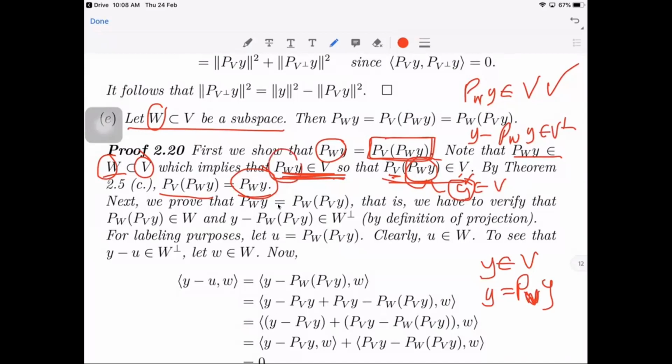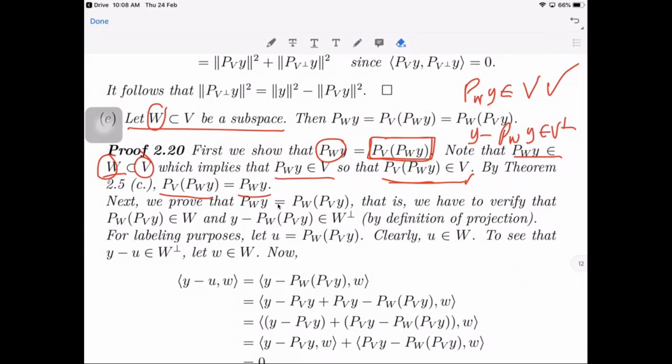The projection is in V, which is y. This means the projection of y onto W is just equal to the projection of the projection of y onto W onto V. So this is what it is saying.